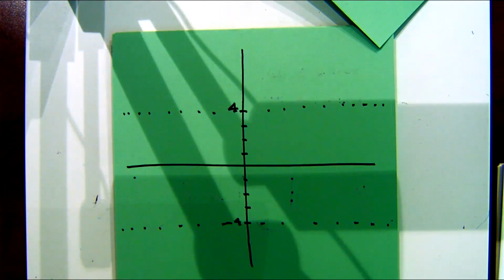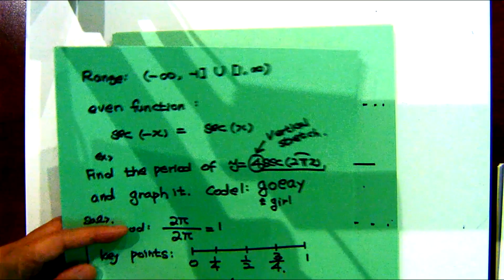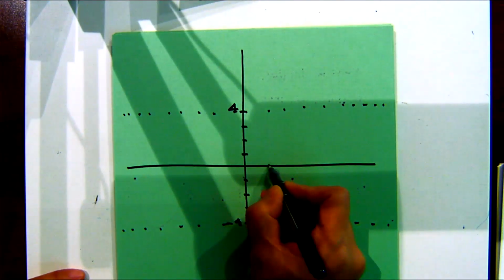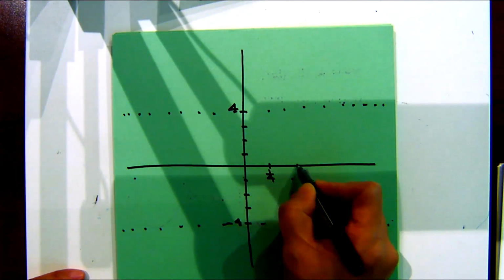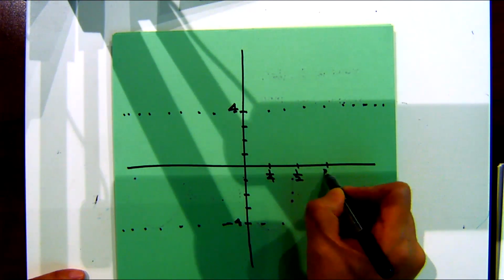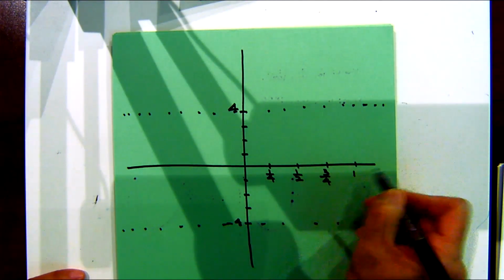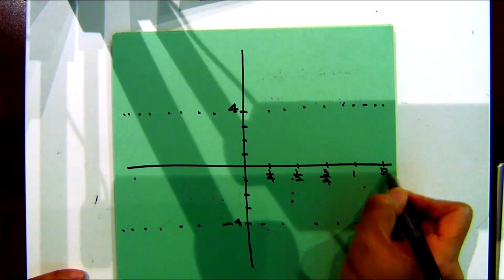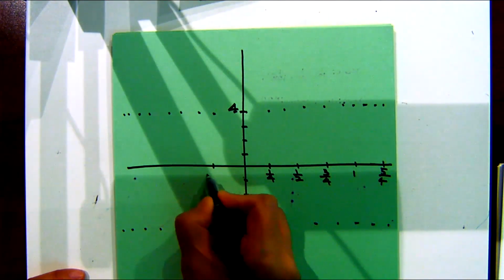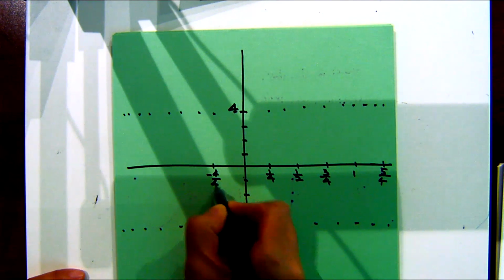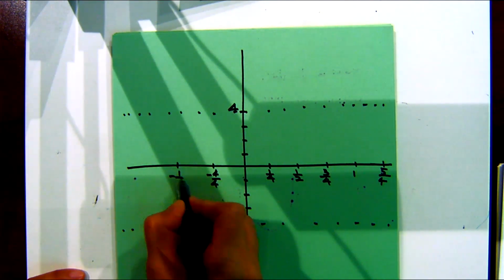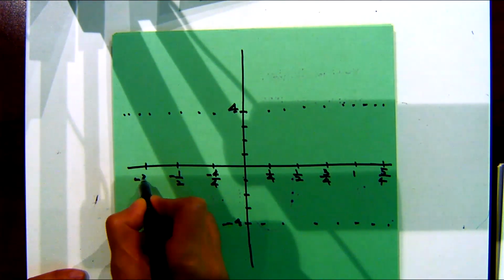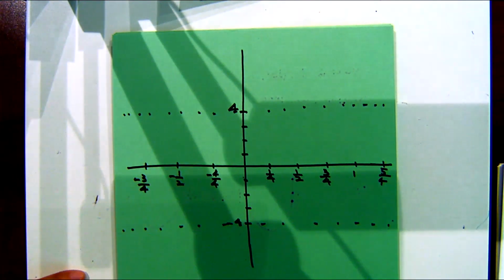And then the benchmarks happen every 1/4. So it goes like 1 over 4, 1 over 2, 3 over 4, 1, 5 over 4, and -1 over 4, -1 over 2, -3 over 4.